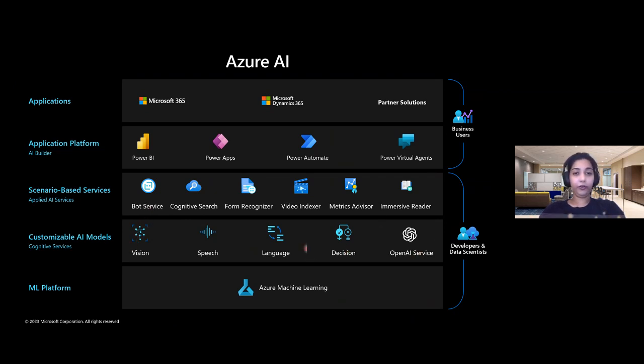Some of the ones I want to draw your attention to over here: vision, like computer vision, custom vision, face API, to be able to recognize faces. That's where vision really comes in. Speech, like speech to text, how do I convert audio to text and vice versa? That's where typically speech is used. And as part of our cognitive services, one of them is now Azure OpenAI service.